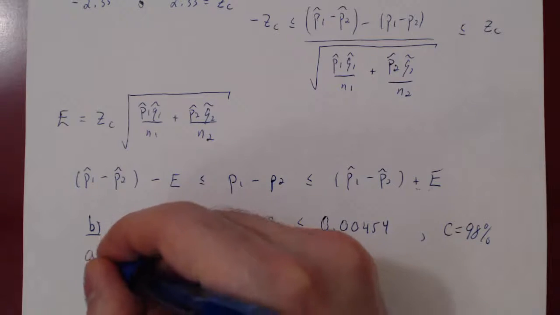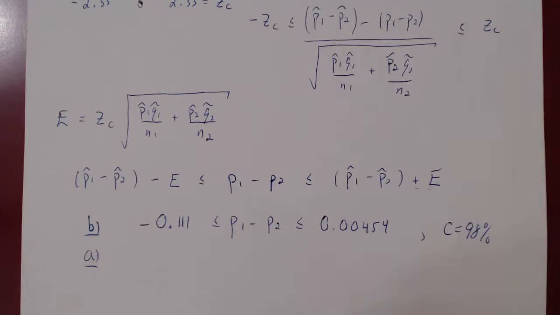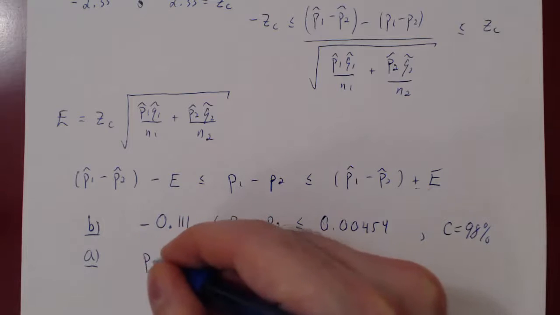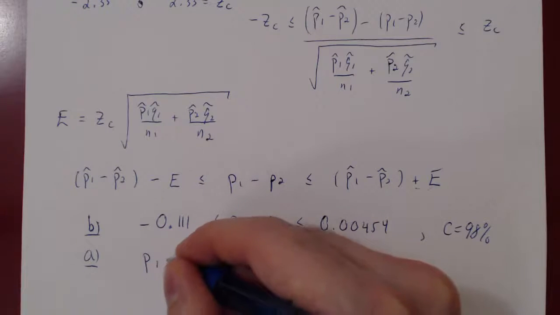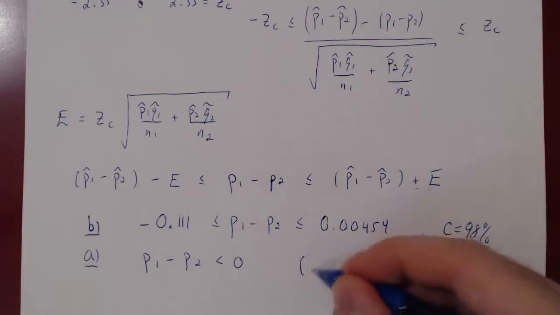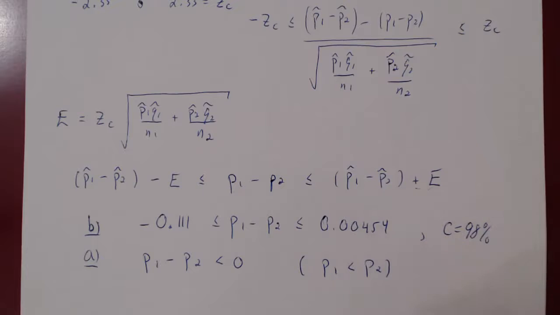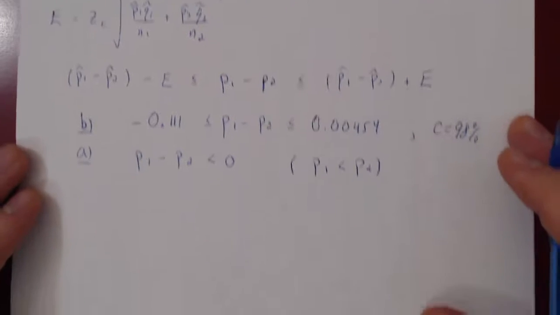What was our conclusion from part A? If you remember, we rejected H0 and accepted H1, and the claim in H1 was that P1 minus P2 is actually less than 0. Or, if you prefer, P1 is less than P2. Same thing.